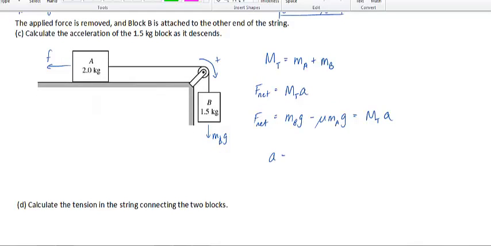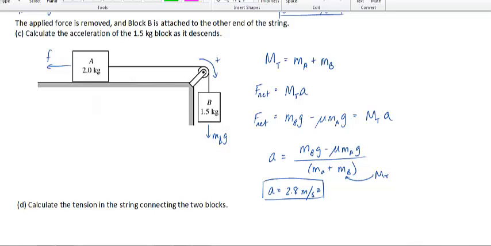All I have left to do is solve this for acceleration, which is pretty straightforward. You could plug in numbers anytime here, and this is, of course, mass total. When you plug in all your numbers, you find that indeed it is a very different acceleration from part B. You get about 2.8 meters per second squared.